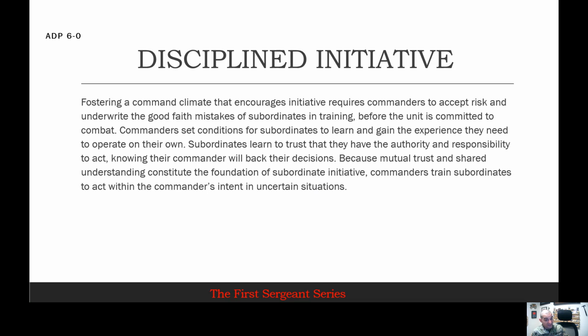Because mutual trust and shared understanding constitute the foundation of subordinate initiative, commanders train subordinates to act within the commander's intent. That's why I'm telling you, it's extremely important when we do training to make it realistic and make it stressful. Make these leaders act. Make them make a decision.